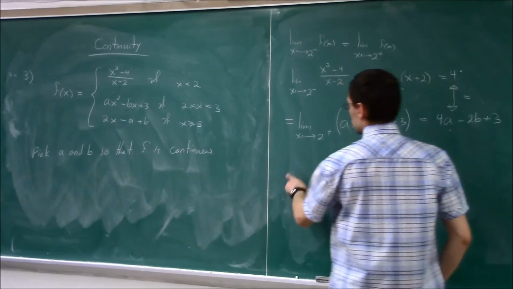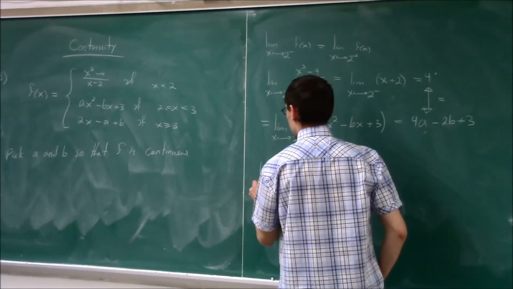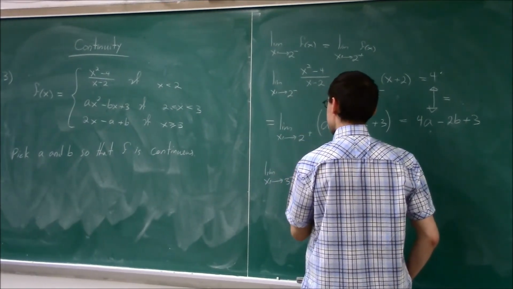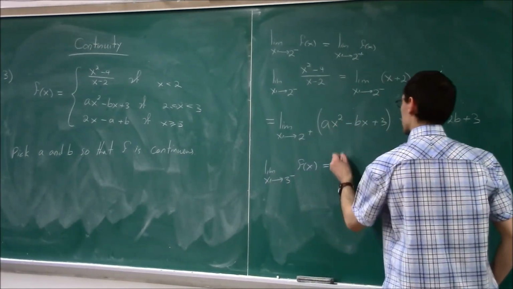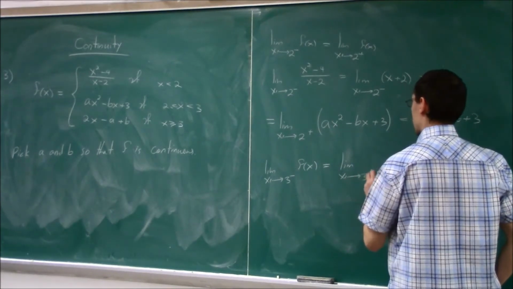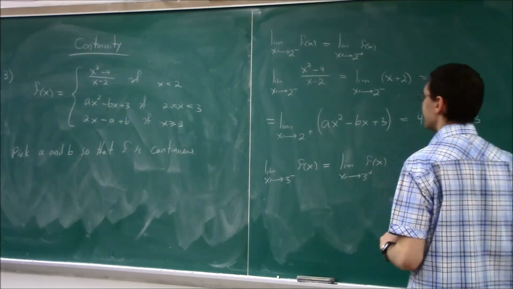Next, we must have another equality at 3. So we must have the limit as x goes to 3 from the left of f of x equal to the limit as x goes to 3 from the right of f of x.